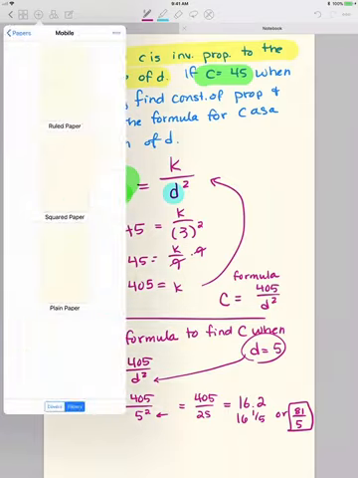Let's do another example of an inverse relationship. So say you have a setup that says y is inversely proportional to x, and you're told that y equals 6 when x equals 4, and same setup.